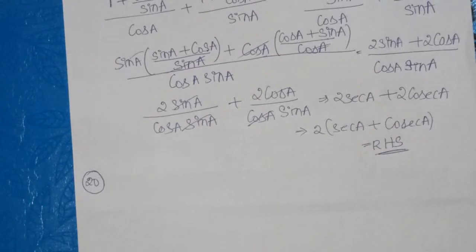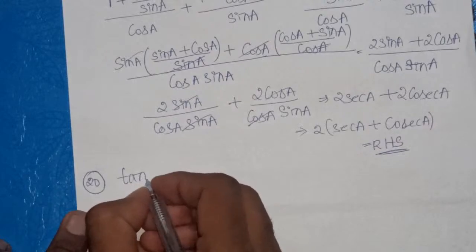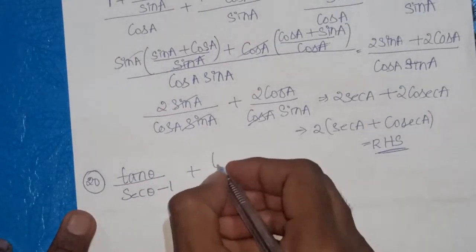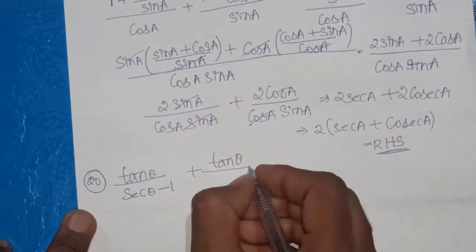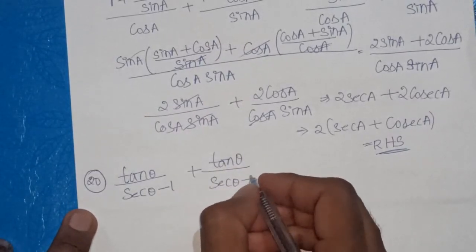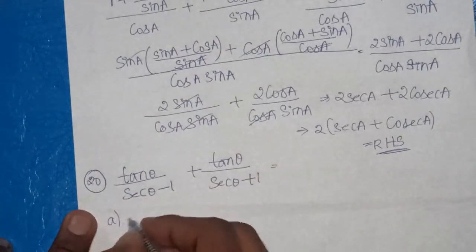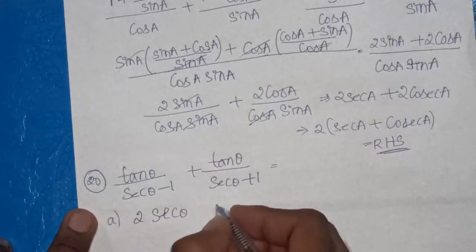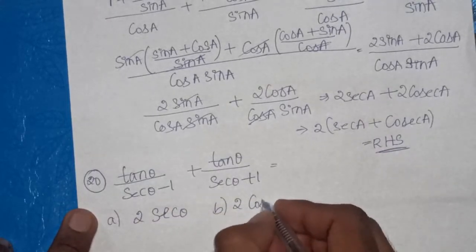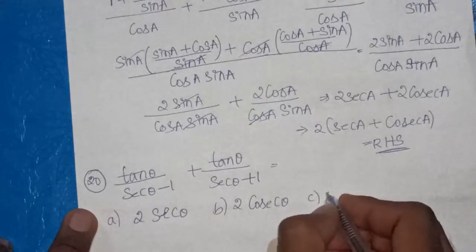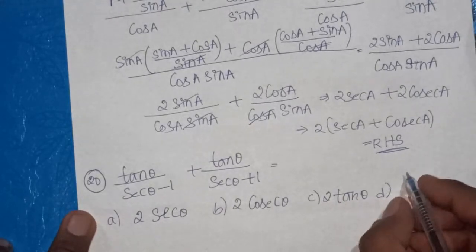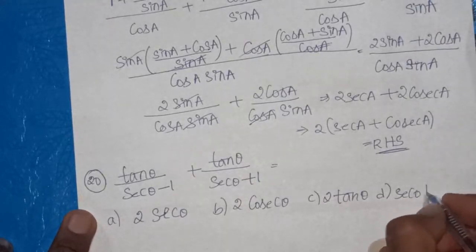Let's move on to our last question, that is: tan theta by (secant theta minus 1) plus tan theta by (secant theta plus 1) will be equal to A, 2 secant theta, B, 2 cosecant theta, C, 2 tan theta, D, secant theta into tan theta.